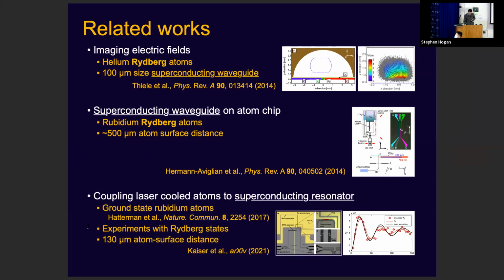And then there's the work of Joseph Fortagh's group in Tübingen. He has atom chips for cold ground state atoms. Initially he did some experiments where he coupled these ground state atoms, the hyperfine transition in the ground state of rubidium, to a microwave transition driven by the microwave field in the superconducting resonator. Then just in the middle of last year, they also reported some experiments with Rydberg states, also coupled to this microwave resonator. These are rubidium Rydberg states.